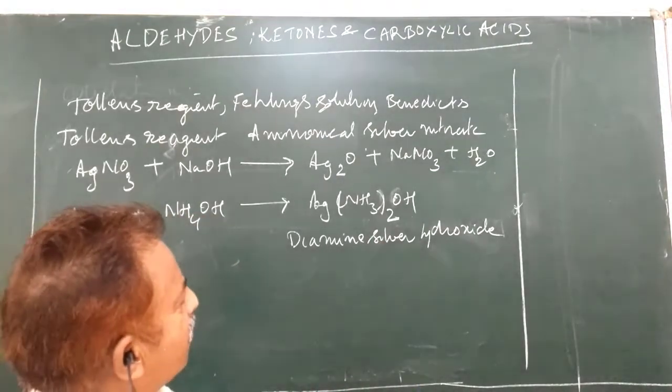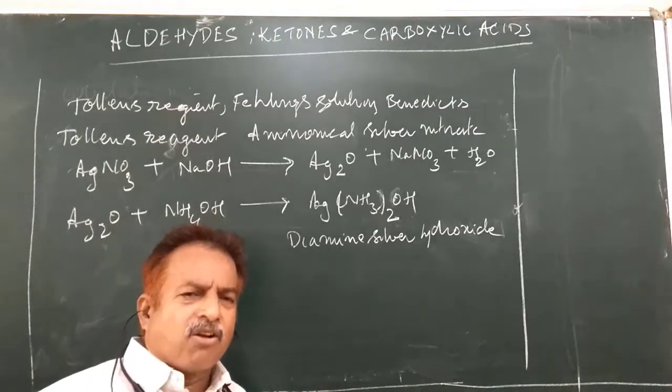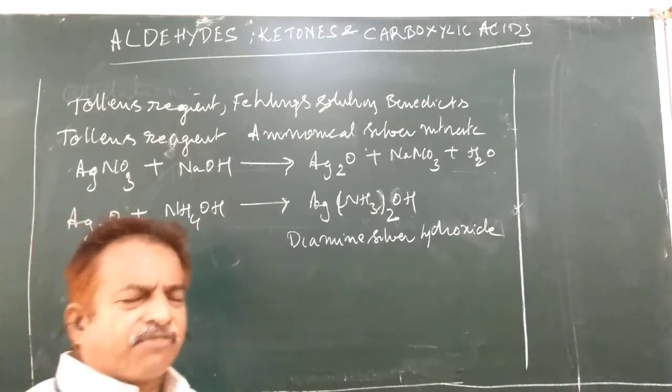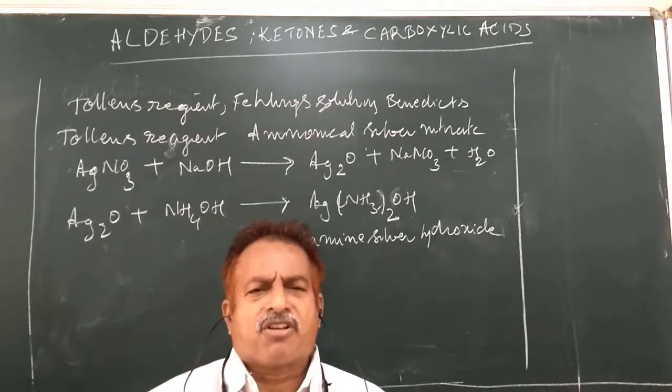And to this mixture, add a few drops of aldehyde, say acetaldehyde or any other aldehyde, and shake it well, warm it in a water bath, and silver deposits on the test tube.